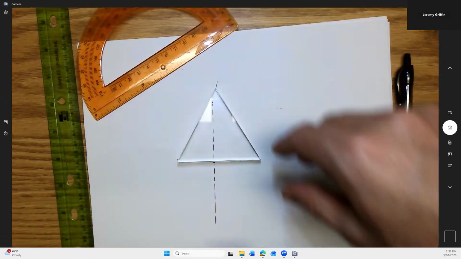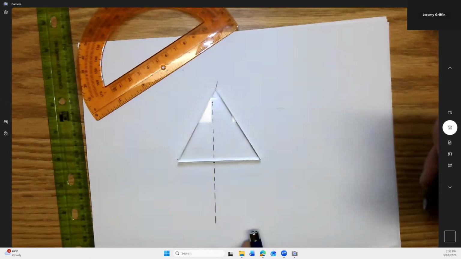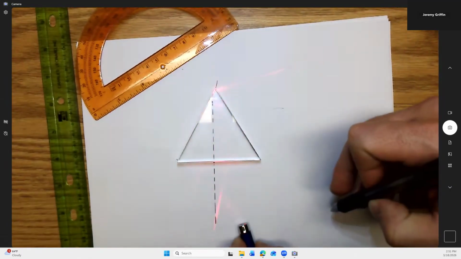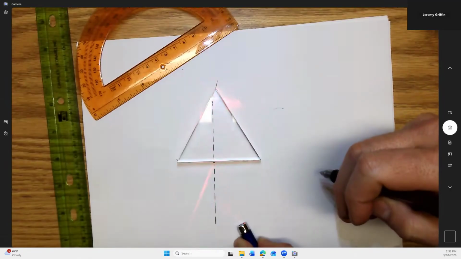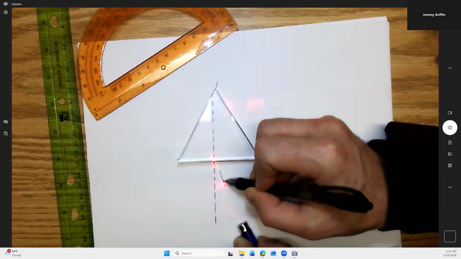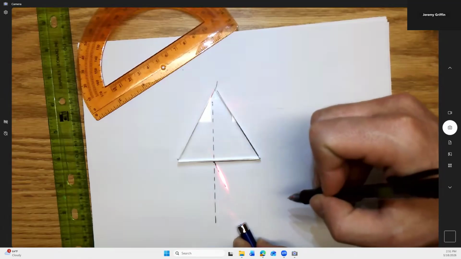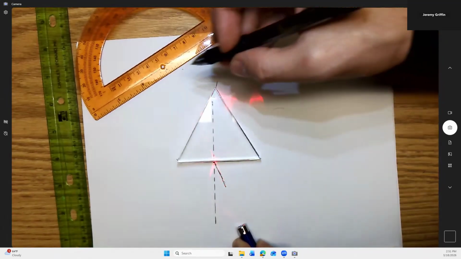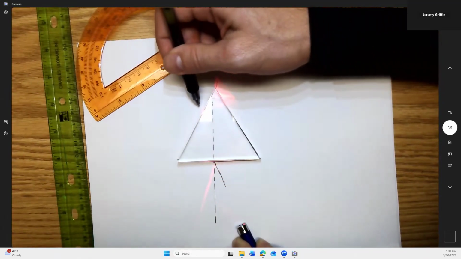I need to follow the path of the laser light. It's coming in at this angle, right there, and then I see it refracting out.